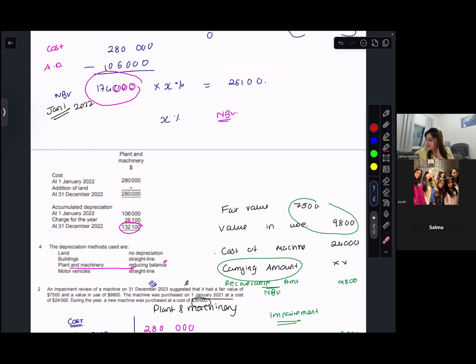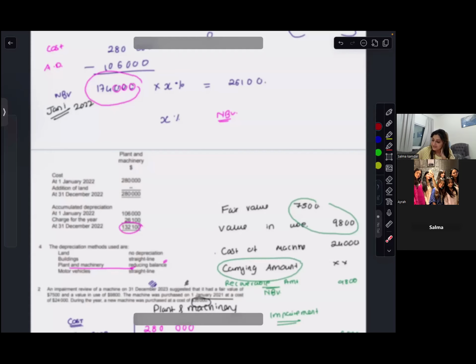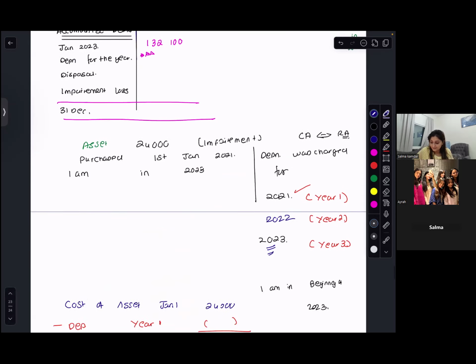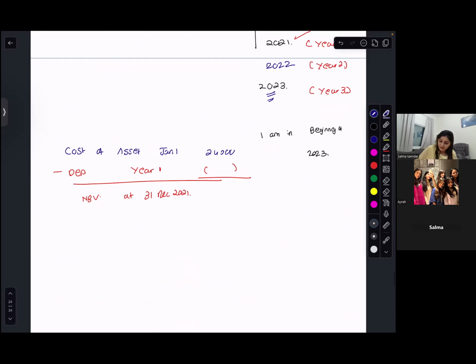I will do 26,100 divided by 174,000 into 100. So I get the depreciation charge for the year as 15%. That means the rate of depreciation is 15%. Are you with me? So rate of depreciation is 15%.